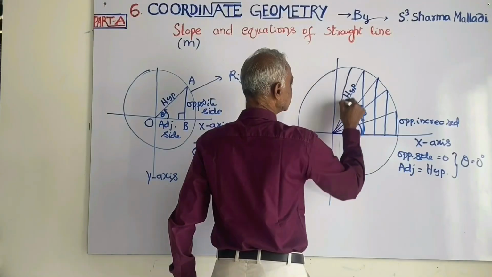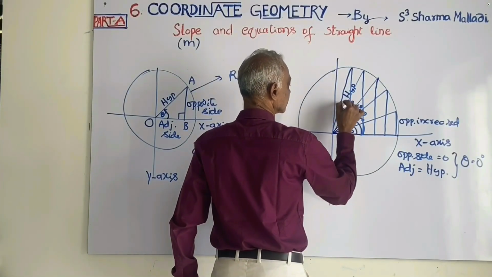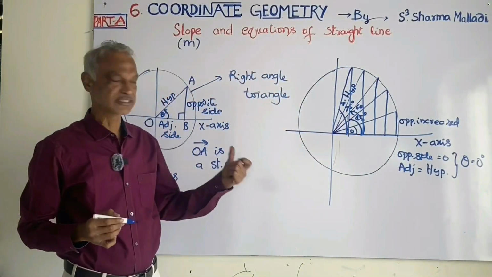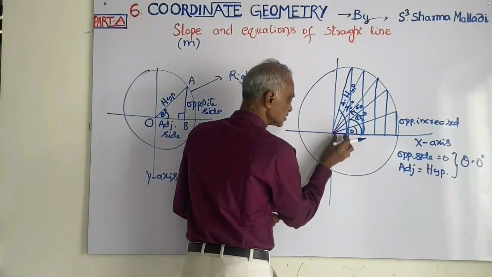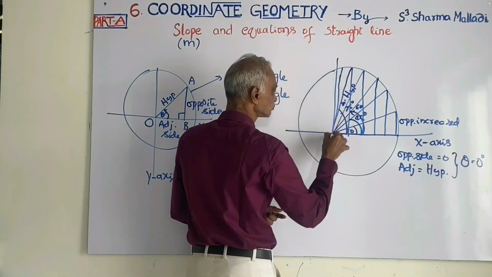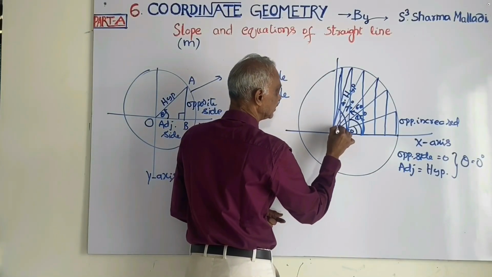Now we will increase the angle to 80 degrees. The opposite side is increased and the adjacent side is becoming very small. We will increase it to 85 degrees.